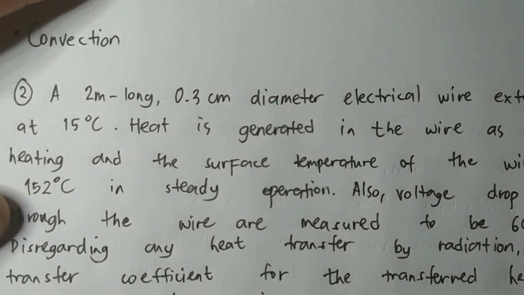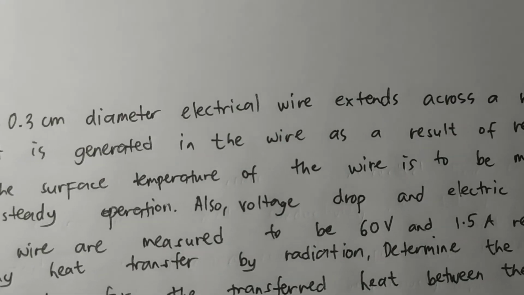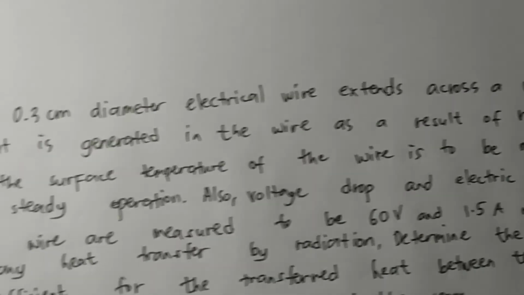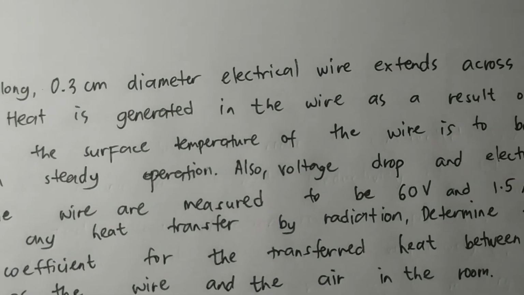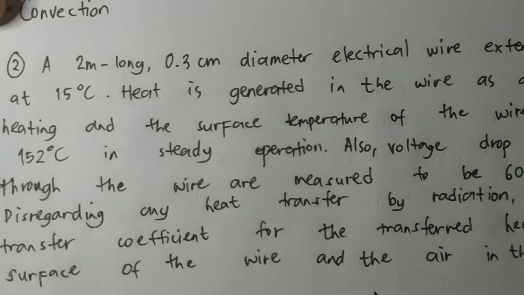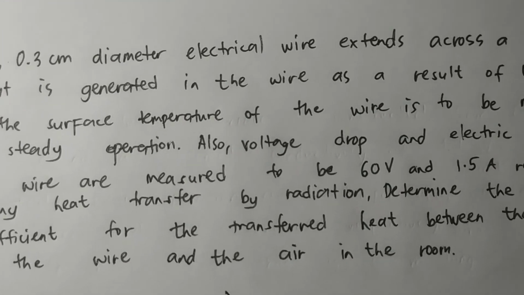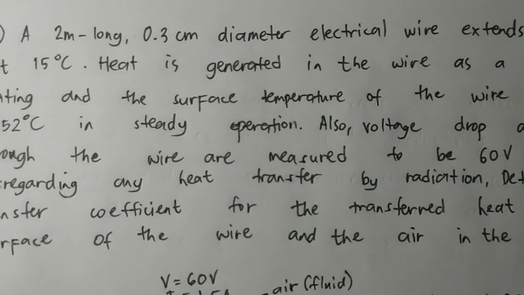Sabi dito, a 2 meter long, 0.3 cm diameter electrical wire extends across a room at 15 degrees Celsius. Heat is generated in the wire as a result of resistance heating, and the surface temperature of the wire is measured to be 152 degrees Celsius in steady operation.